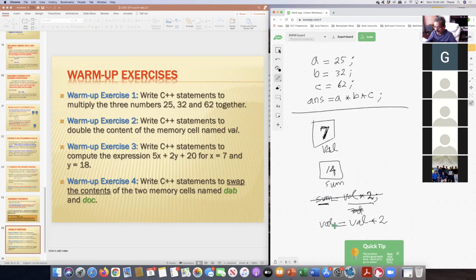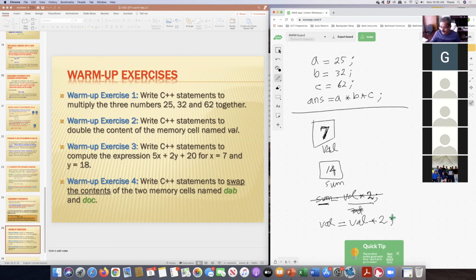I know mathematically, this looks wrong. This is an invalid equation. But it's not a mathematical equation. It's an assignment statement. That is very commonly the problem. Students try to associate these statements with mathematical equations. Mathematical equations are different. These are assignment statements in a computer program.